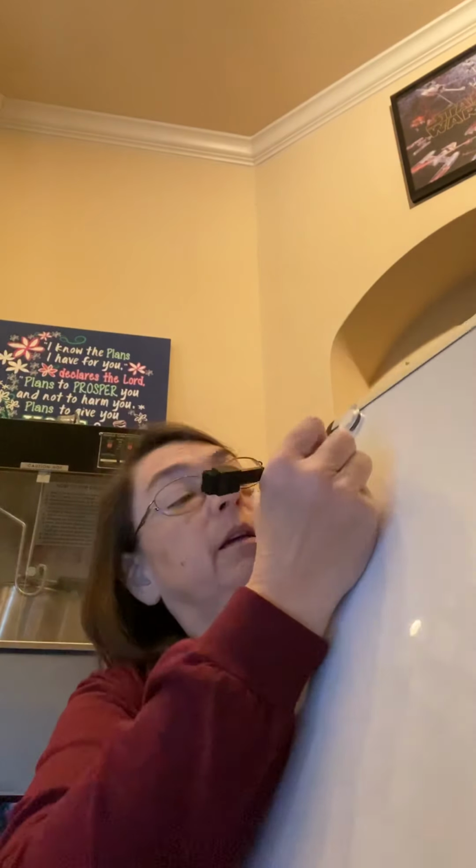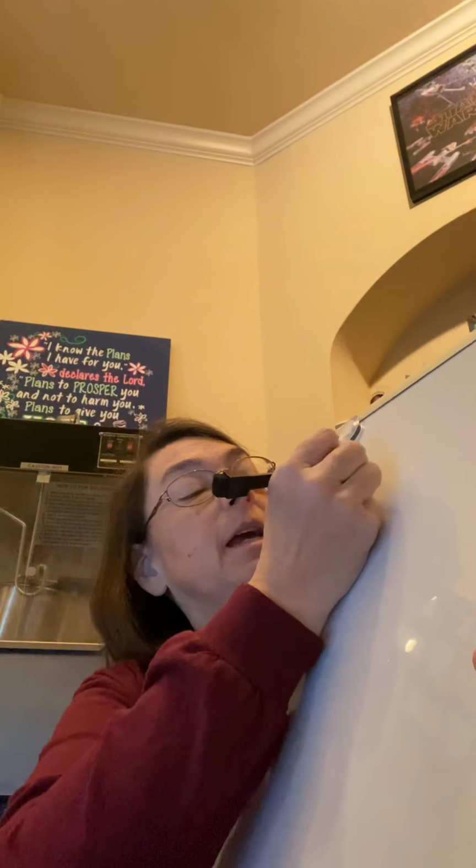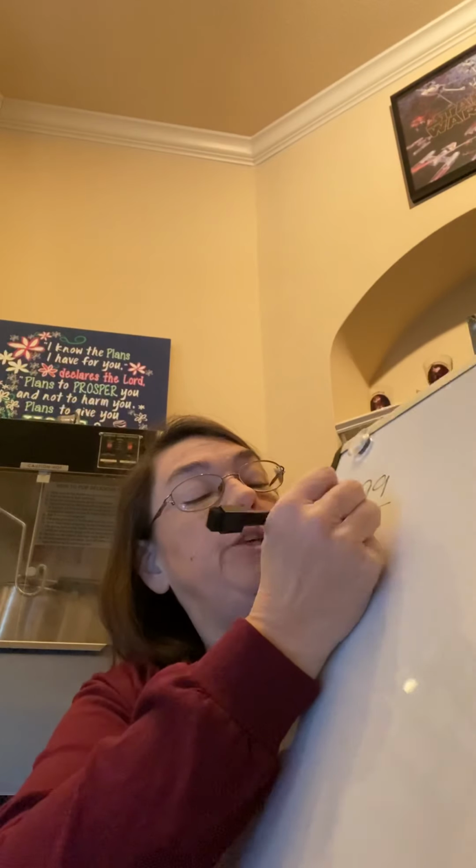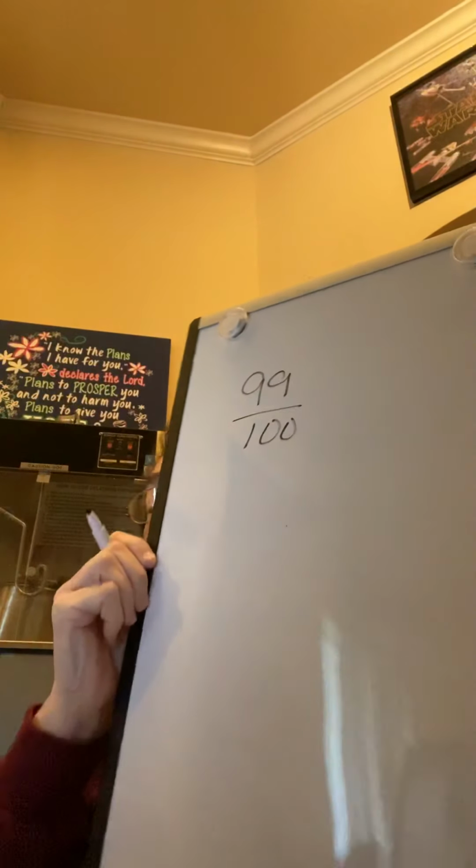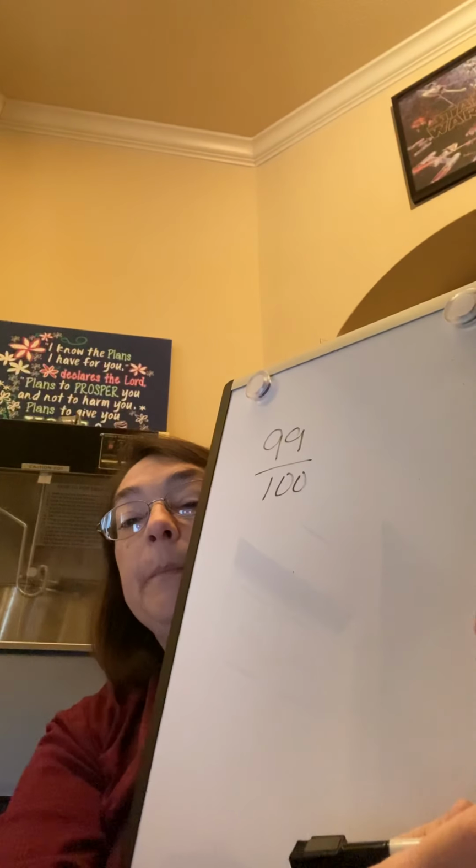All right, number 6. It wants to know which fractions are greater than 1. This should be pretty easy. So 99/100. Can I divide that 100 into 99 and get 1?